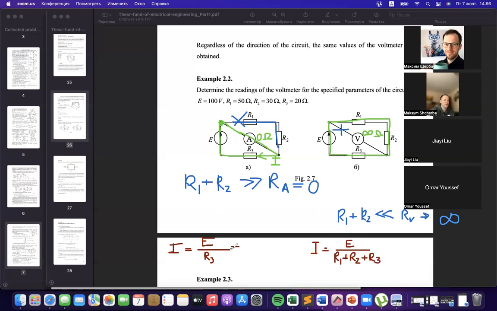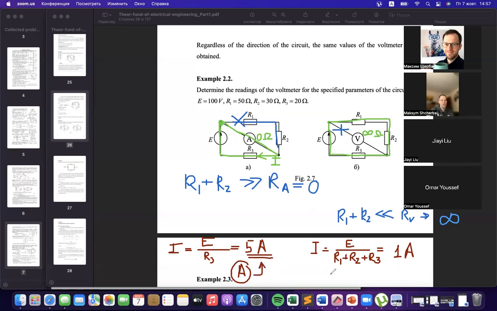In the first case, you obtain the value of current E divided by 20, which is 5 amperes. In the second case, 100 over 100, as you see here, equals 1 ampere. And the ampere meter will show you the value of 5 amperes. It will be its measurement.